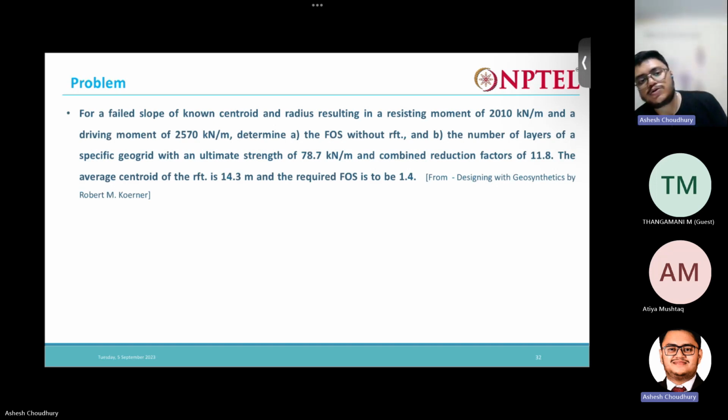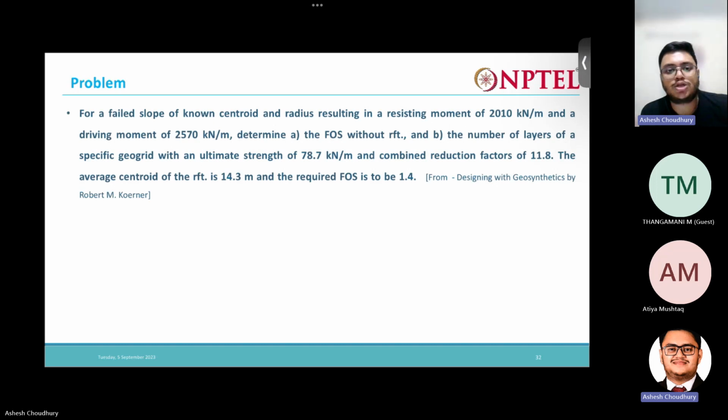First case, we need to determine the factor of safety when there is no reinforcement. In the second case, the required factor of safety is given as 1.4. Now you need to determine the number of layers that you need to employ so that you get a factor of safety of 1.4.